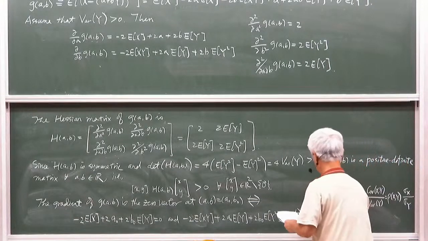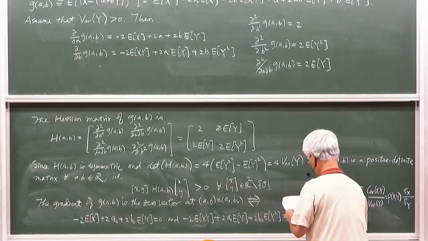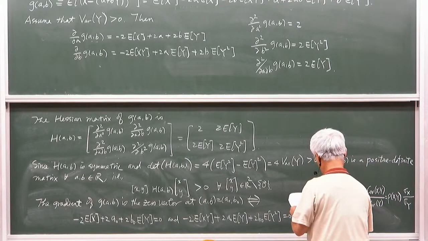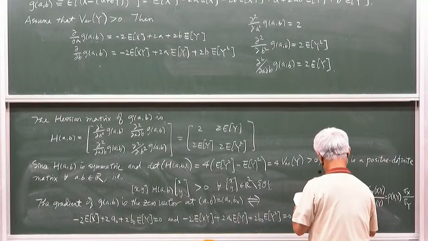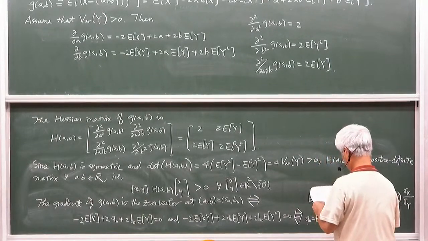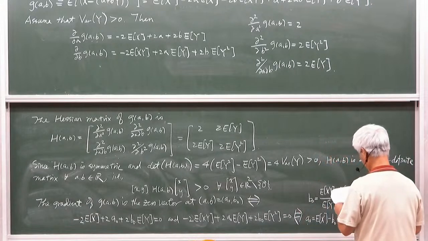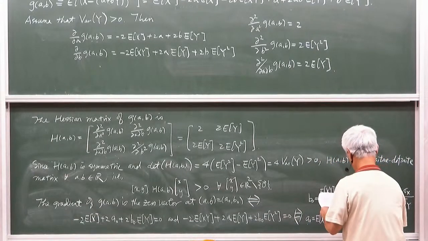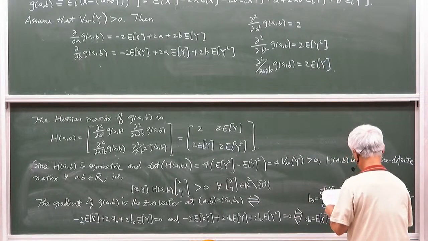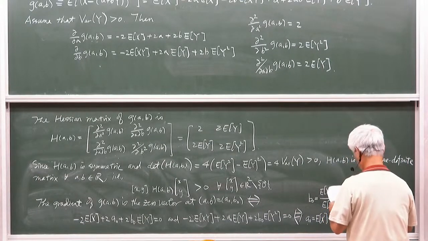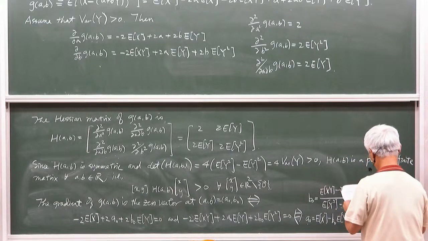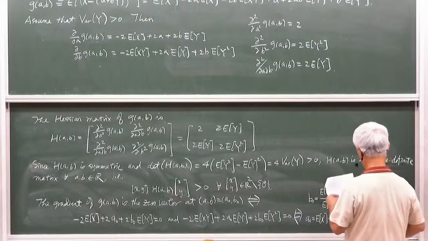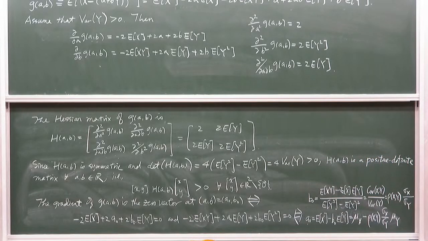And then A0 becomes E of X minus B0 E of Y. So this is equal to mu x minus rho of xy, sigma x over sigma y, times mu y here. This is A0.